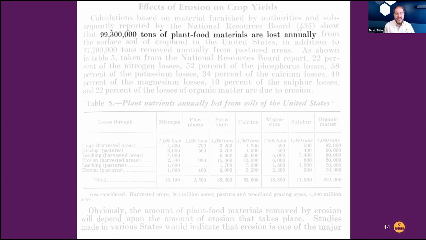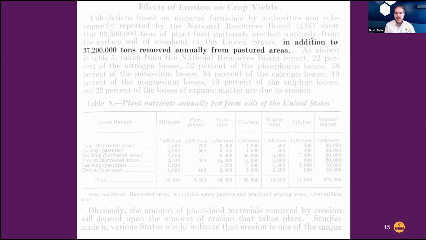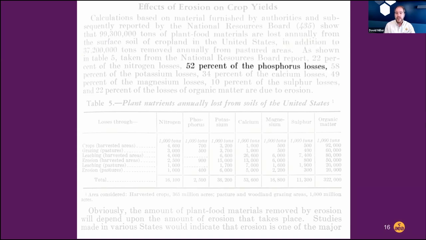Think about it, 99,300,000 tons lost annually in 1938. In addition, and that's in the cropland, in addition to the 37,200,000 tons removed annually from the pasture land, 52% of the phosphorus losses and 58% of potassium losses, 34% of the calcium losses, and 22% of the organic matter losses are due to erosion.